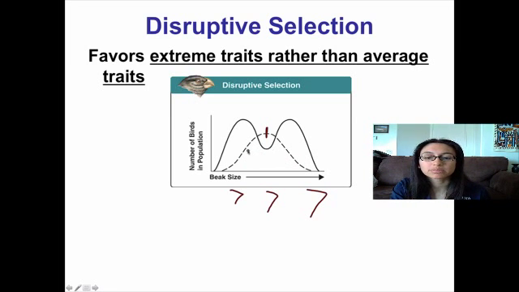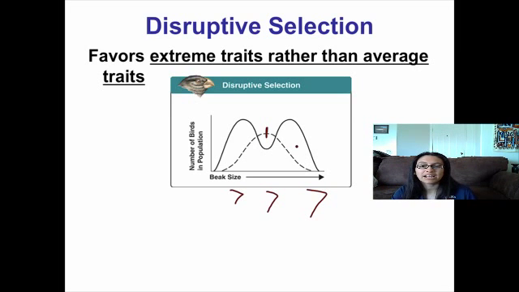Well, if you're a bird with a smaller beak, you're going to be more successful at getting the smaller seeds and breaking them open and getting more food. If you're a bird with a larger beak, you're going to be more successful at getting the larger seeds cracked open and getting more food and nutrition. So we see a shift here, where it's not good to have the average.